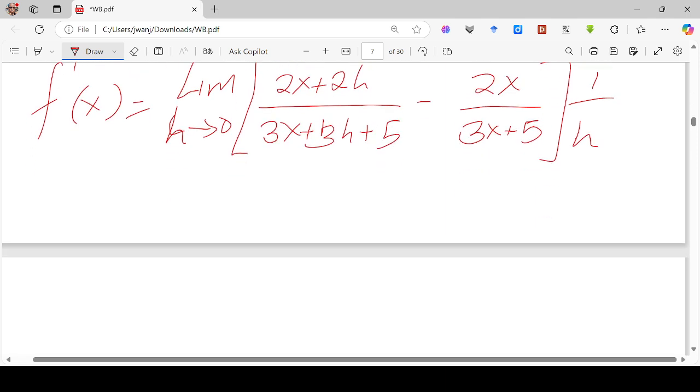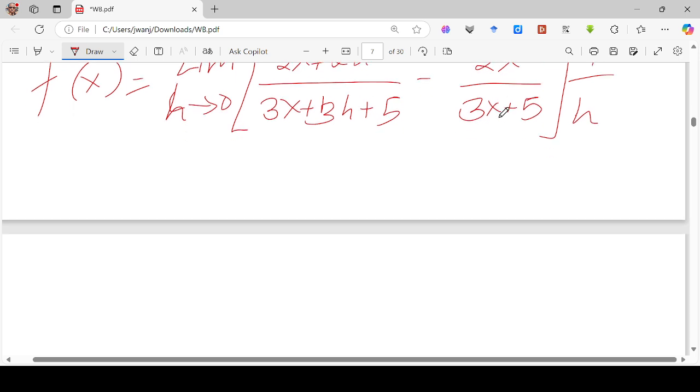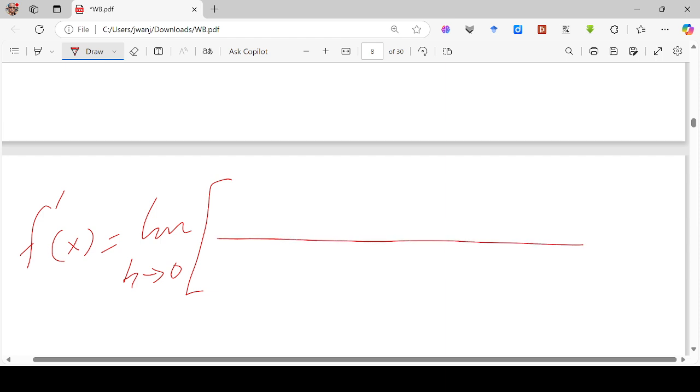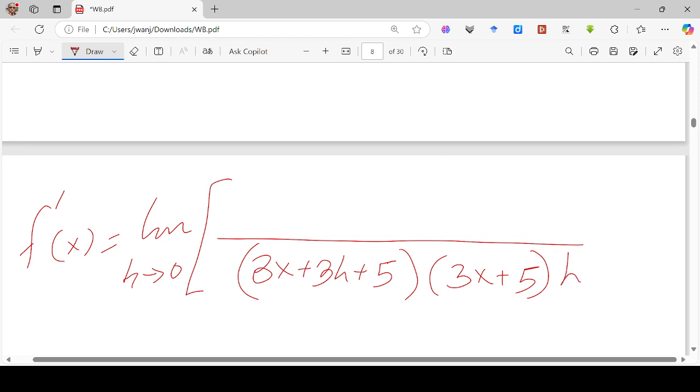Next, we simplify. We can put these terms at a common denominator, which will be the product of the denominators here. So we write f prime, which is the limit as h approaches 0. We have the denominator, we can write 3x plus 3h plus 5 multiplying 3x plus 5, and of course we have h.